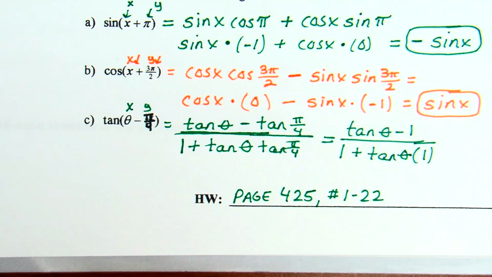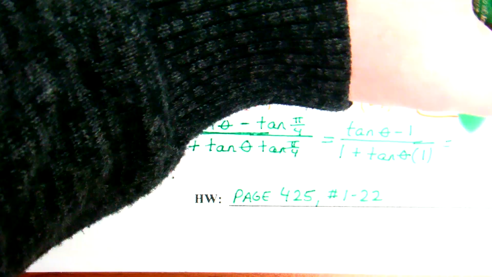What can I clean up here? On the bottom, multiplying by 1 is about all you can do. So really, on top, it's tangent theta minus 1, and in the denominator, 1 plus tangent theta.